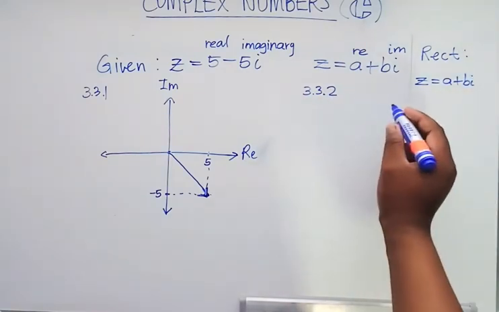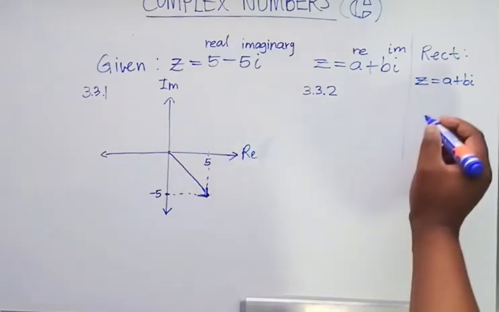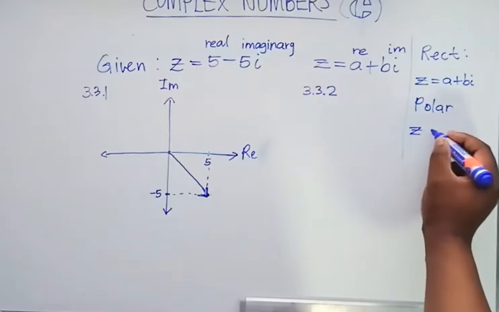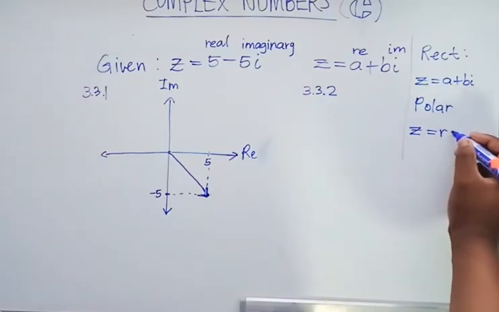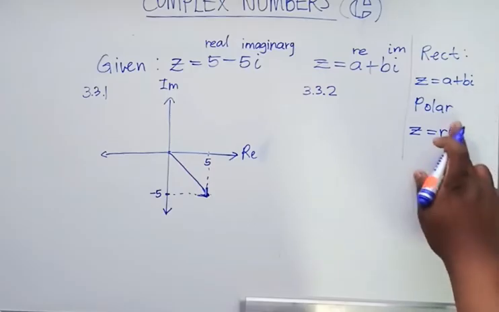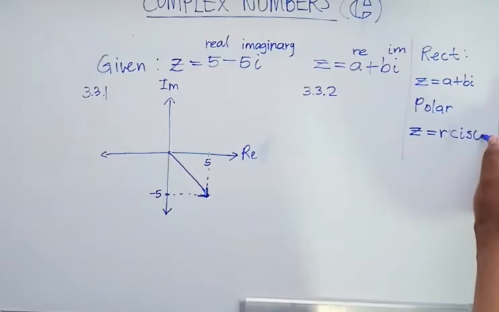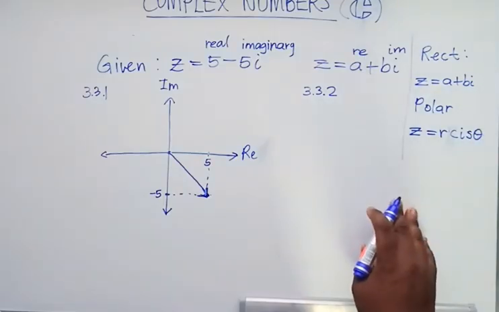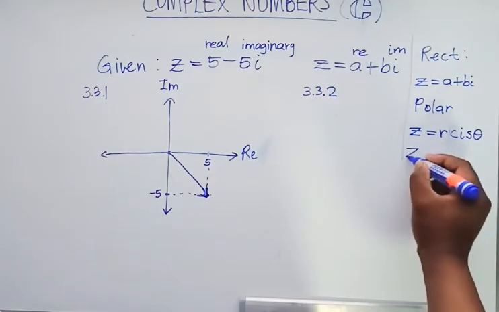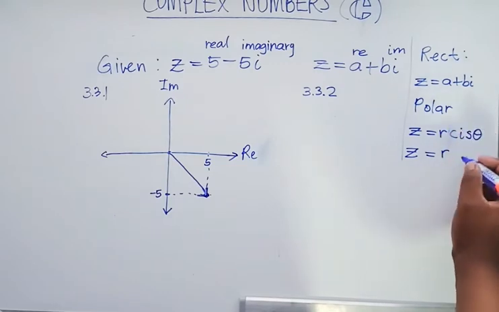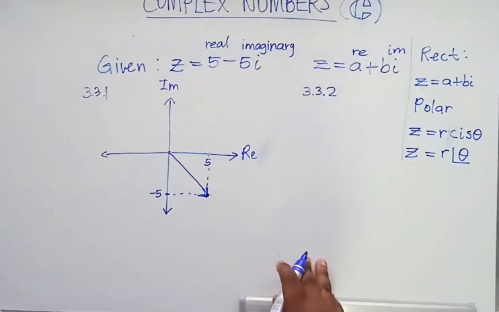Now your polar form, you can write it like this: z equals r, and then let me shorten it, c for cos, i for imaginary, s for sine, then theta. This is your polar form. The other polar form, you could say z equals r for your radius or your modulus rather, and then the angle theta. That is your polar form.